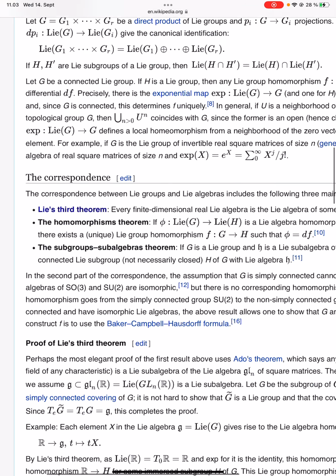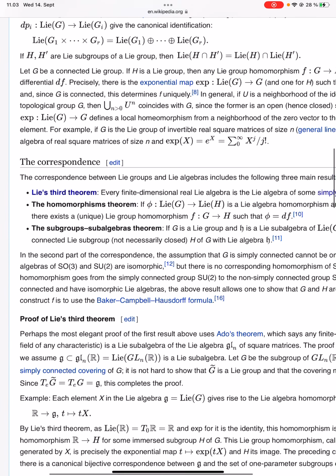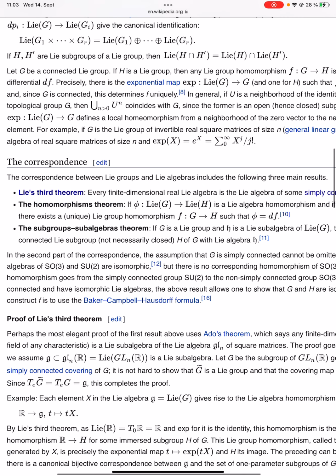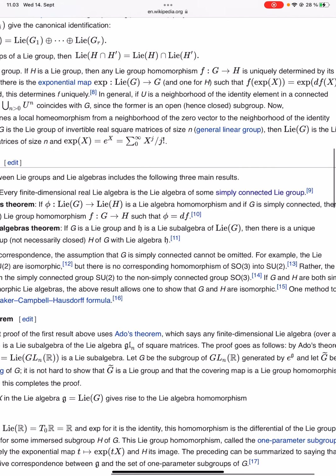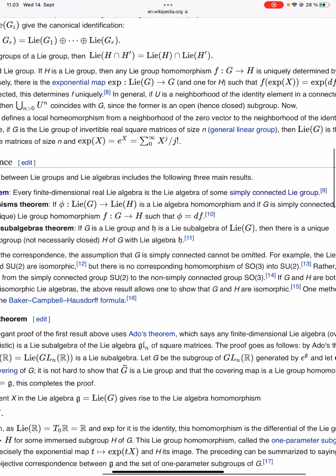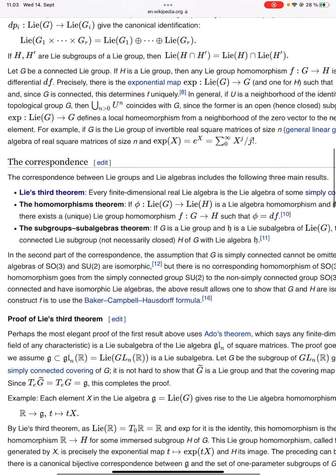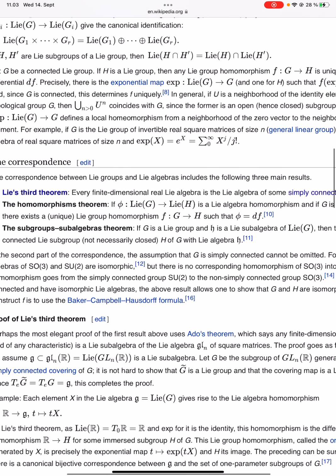Okay, the correspondence. You see here there are a few results. Lie's third theorem: every finite dimensional real Lie algebra, that means based on the real line, is the Lie algebra of some simply connected Lie group. And there is this uniqueness part that is not mentioned here.